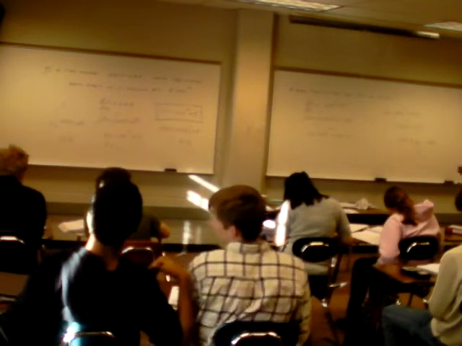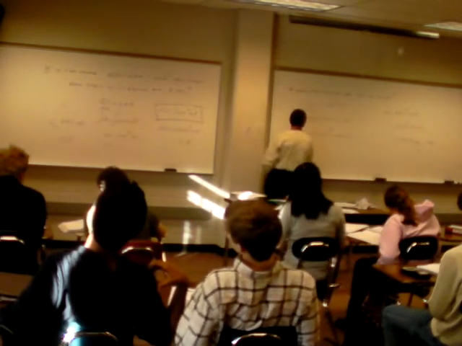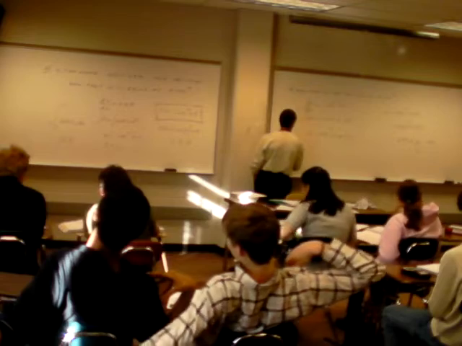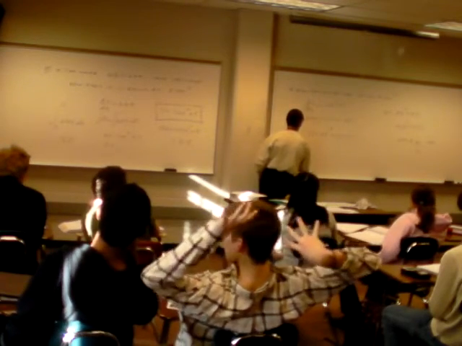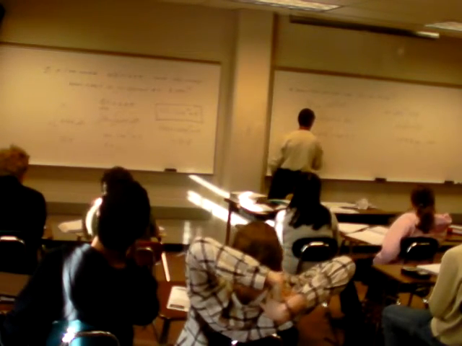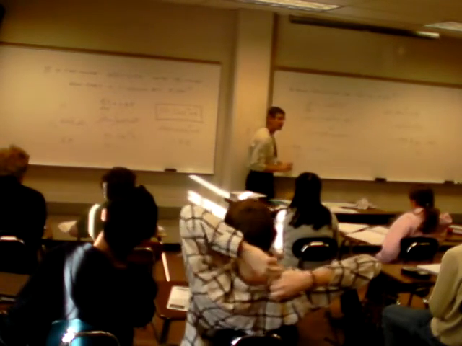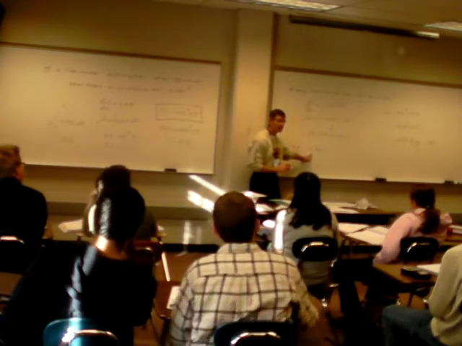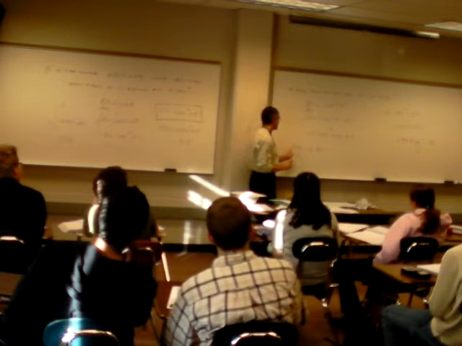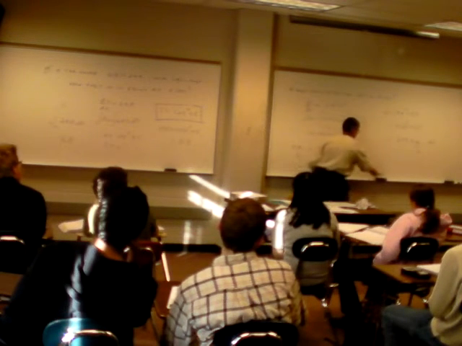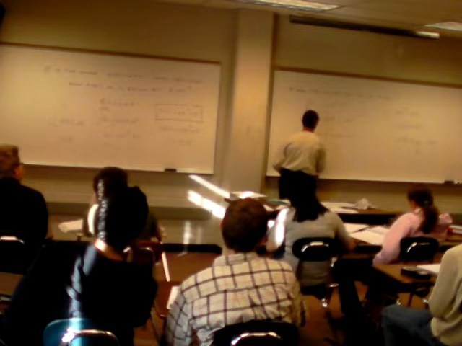See, if you went 10 miles per hour times 8 hours, the hours would cancel and you'd get 80 miles. But we're not multiplying it times 8 hours, we're multiplying it times 8 seconds.